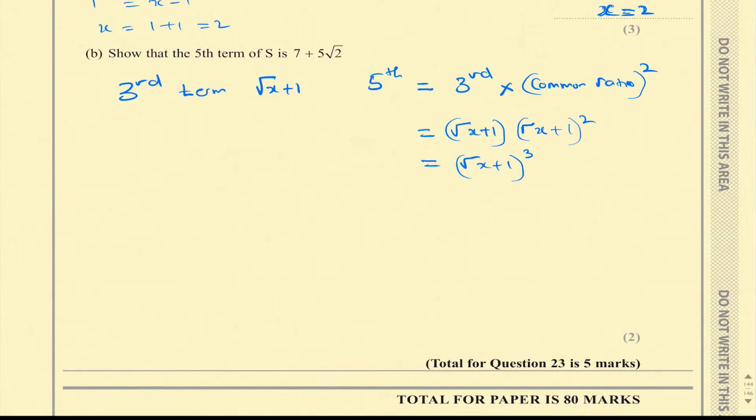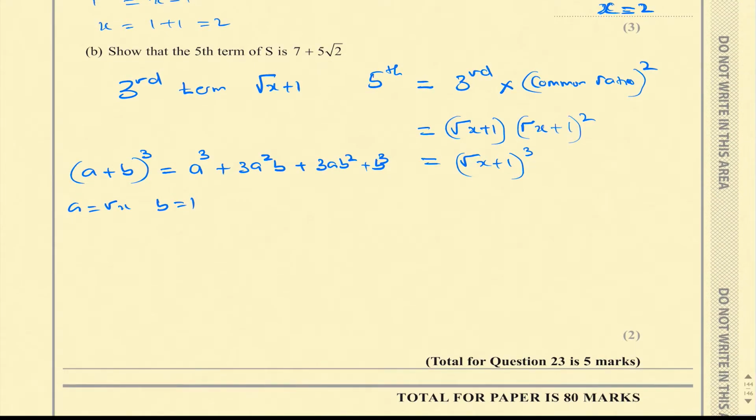Now to expand that, what we need to do is do (a plus b) cubed, and the expansion of that is a cubed plus 3a squared b plus 3ab squared plus b cubed, where a is root x and b equals 1. My expansion comes from Pascal's triangle and binomial expansion.